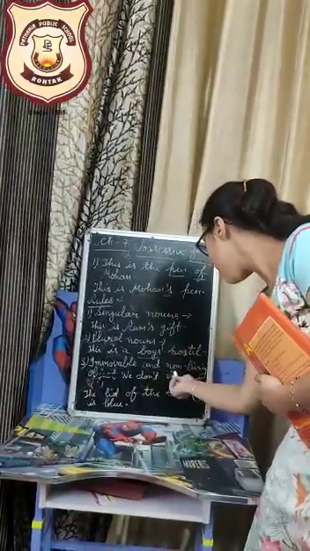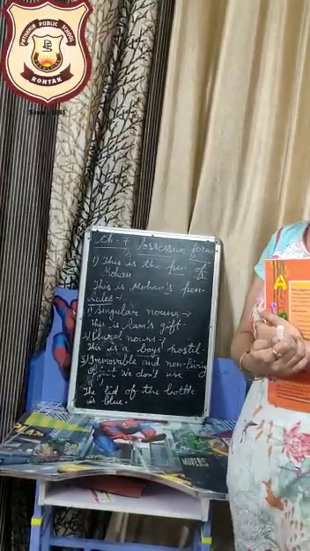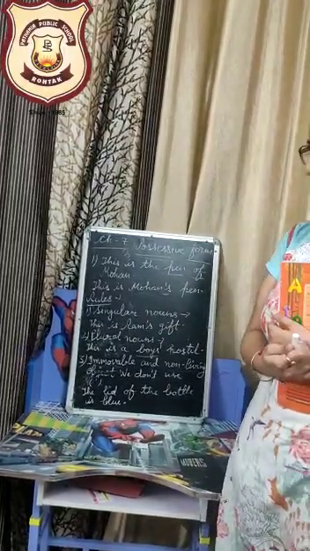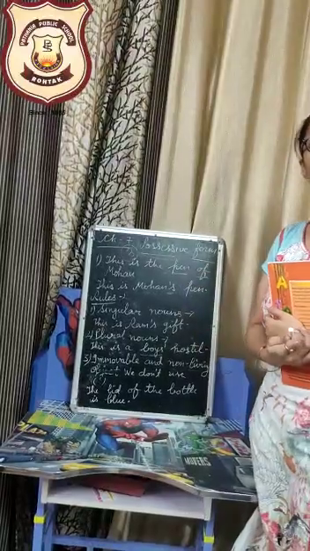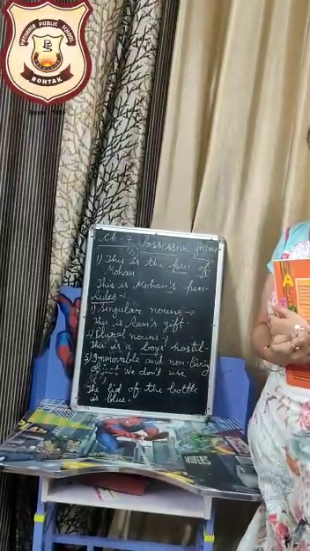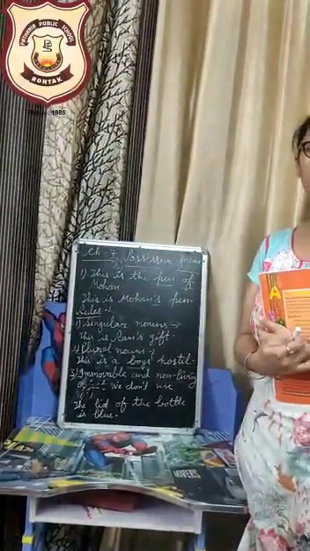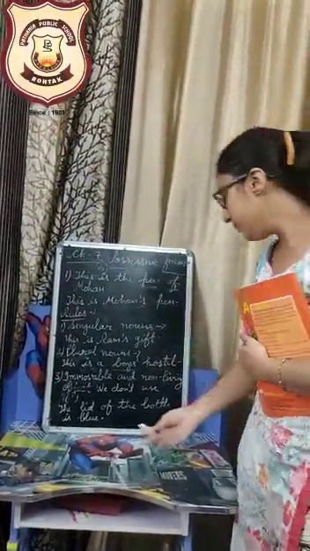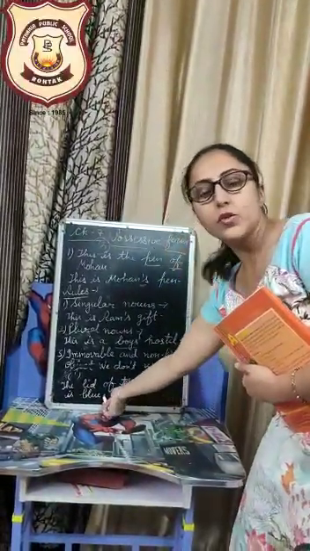Next is the immovable things and the non-living things. If any object is immovable or non-living, then we will not add apostrophe s. The correct sentence will be incorrect if we add apostrophe s with an immovable object, right? For example, the lid of the bottle is blue.